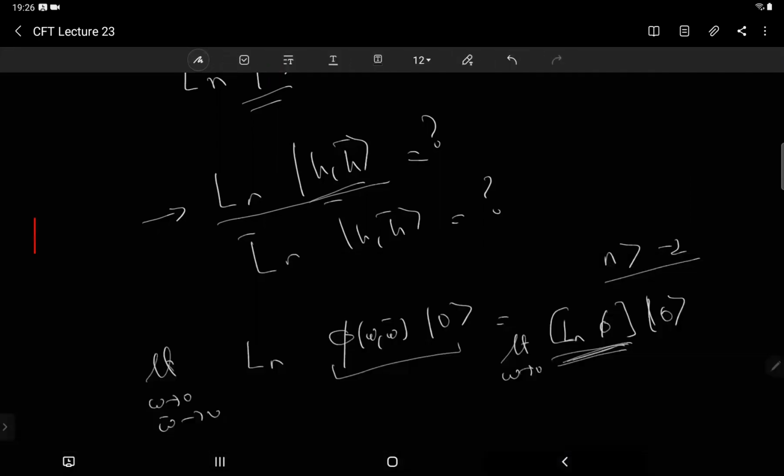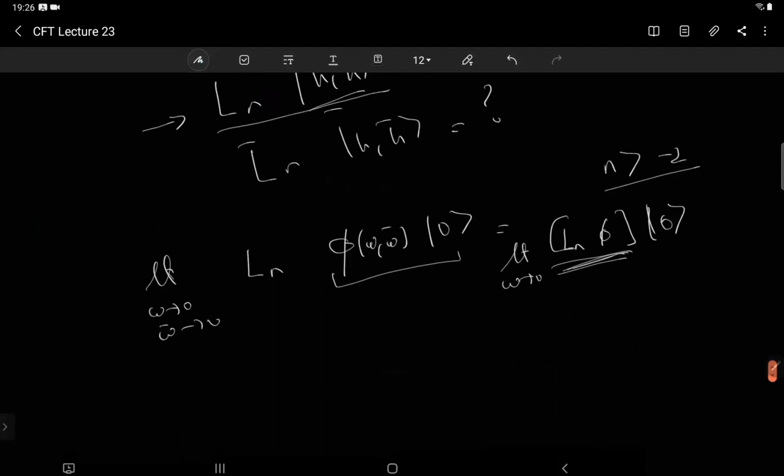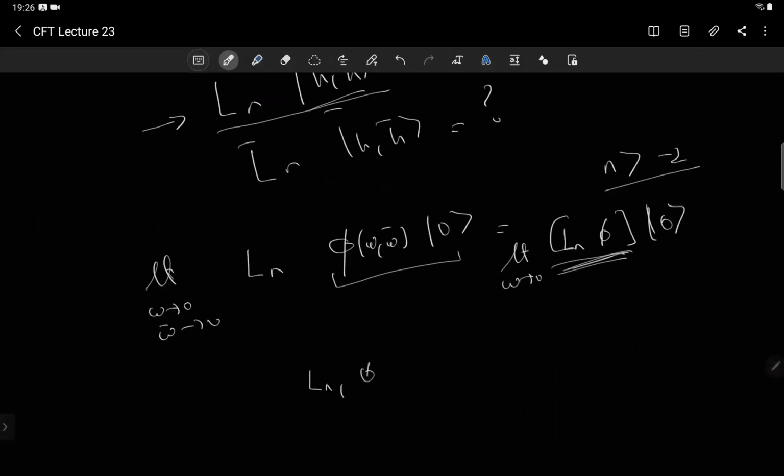So now our goal is to find this commutator of Ln and phi for n greater than or equal to -2. Why do we want to find Ln comma phi?